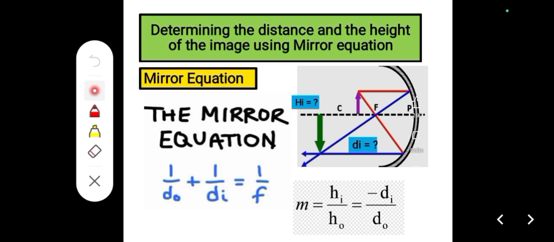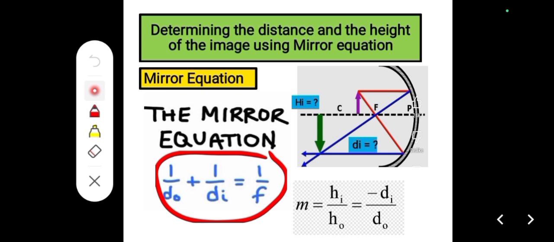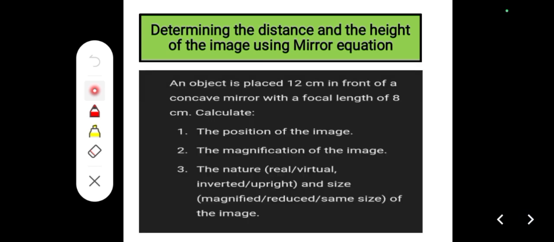That's how we are going to use the mirror equation to determine how far the image is from the mirror and how tall the image is. So moving on, that's your mirror equation. Specifically, we have a problem here.